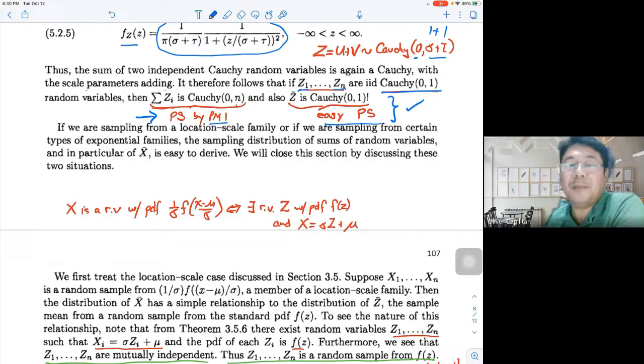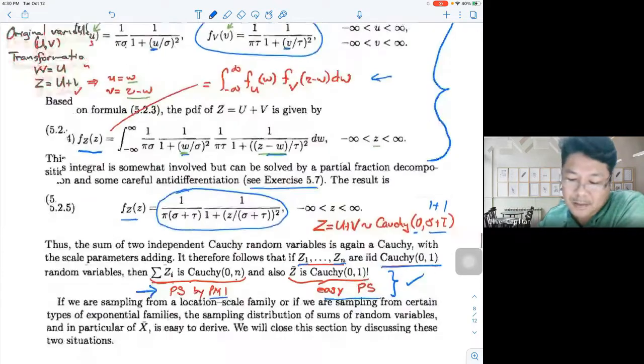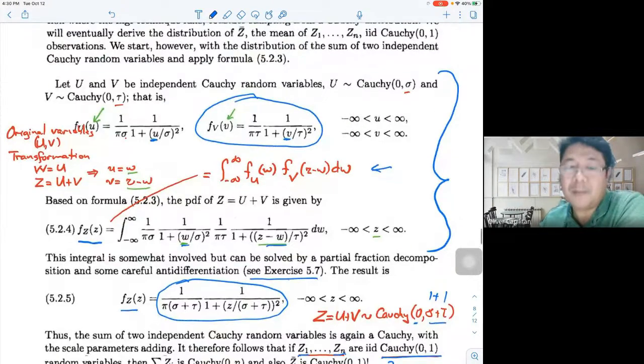PMI, Principle of Mathematical Induction. Sa mga 17 naman yun na. Kasi, Z sub 1, Z sub 2, ito yung nasa itaas, naka-bracket yan na blue. If you have two random variables, you take first the 2. So hanapin mo yung distribution ng sum of these two random variables.